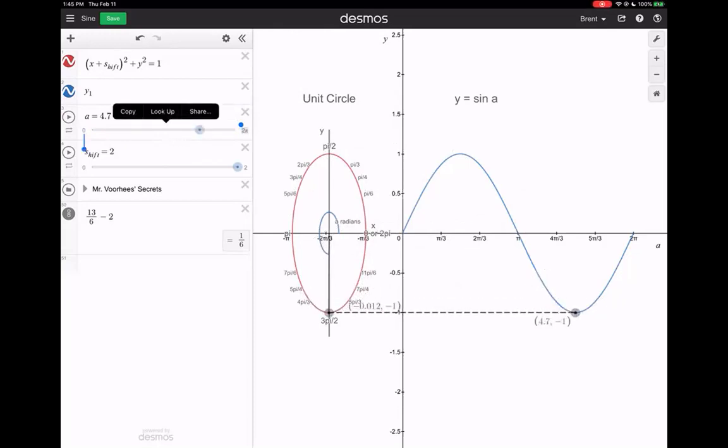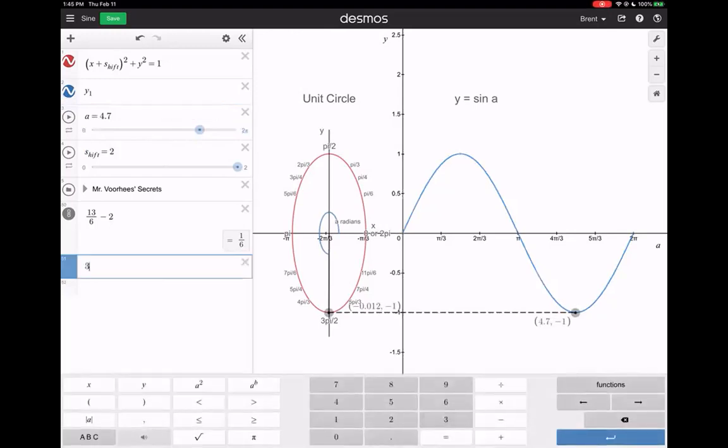Now let me connect one more time the unit circle to the blue graph on the right. The unit circle on the outside is showing your radians. On the blue graph, the radians are what label the x-axis. That spot's not labeled there, but it says on the right side that the point is 4.7. 4.7 is 3 pi divided by 2. That's where that 4.7 comes from.